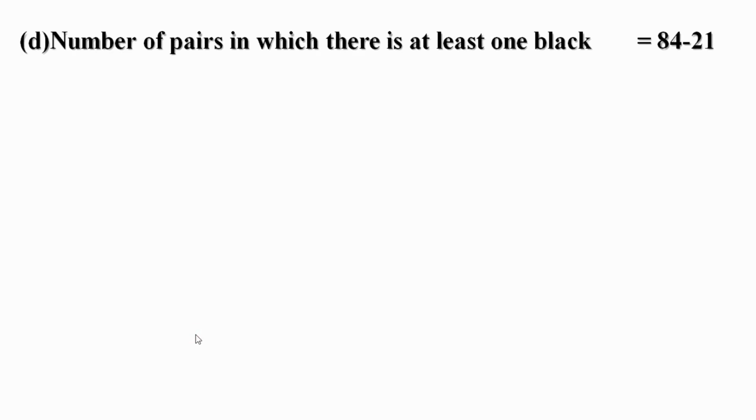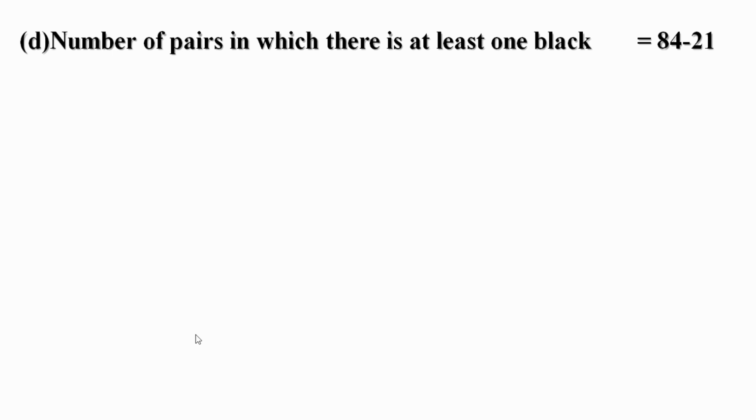Now we have to find the probability of getting at least one black bead. This means it can be two black beads, or it can be one black bead and the other white, but it cannot be both white. So it is enough to subtract the number of pairs in which both are white from the total number of pairs.